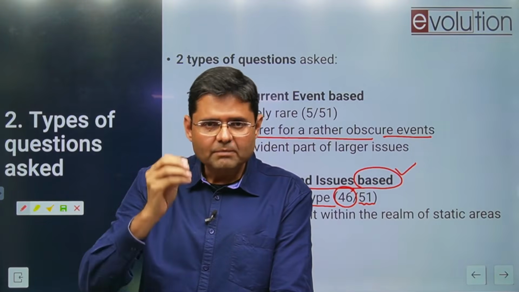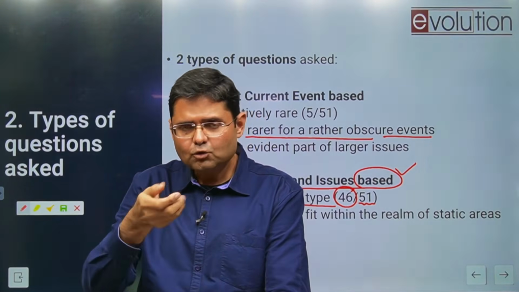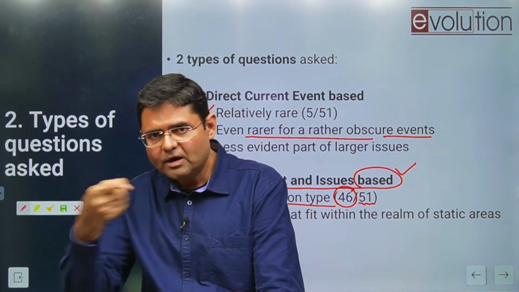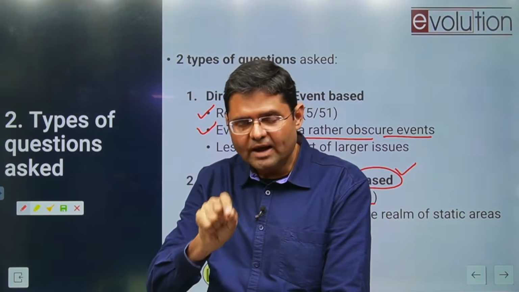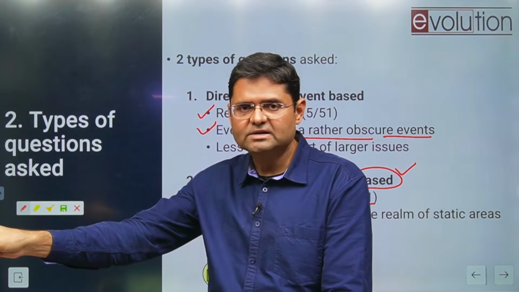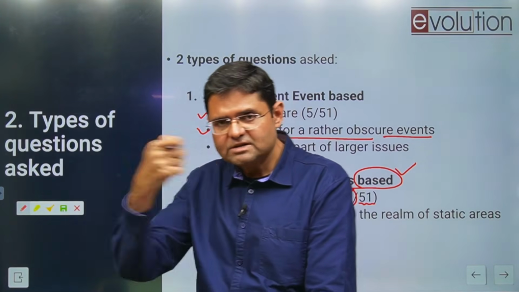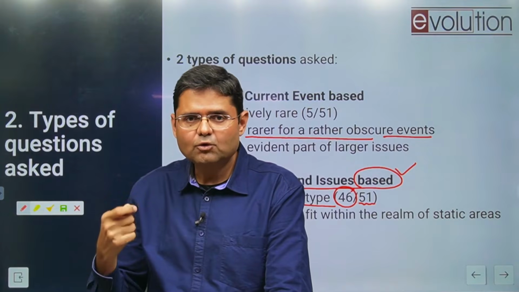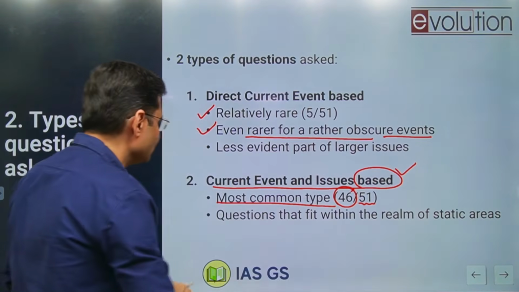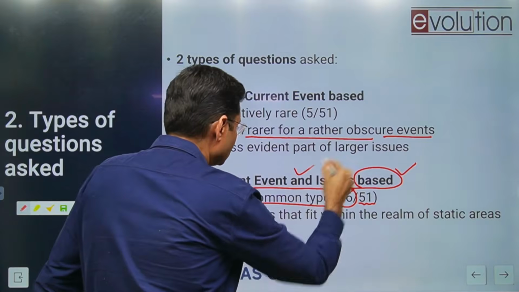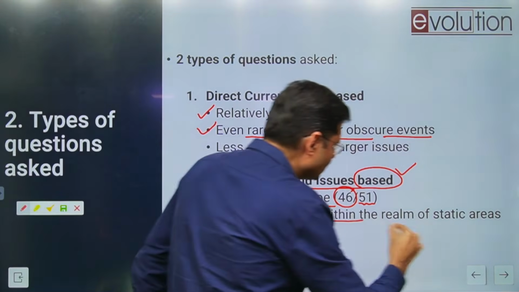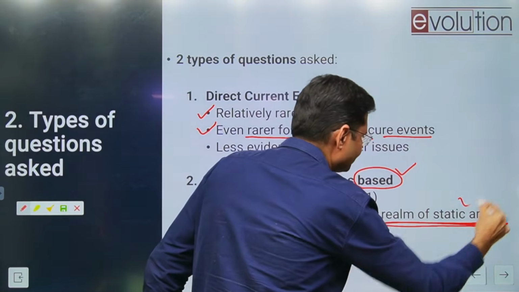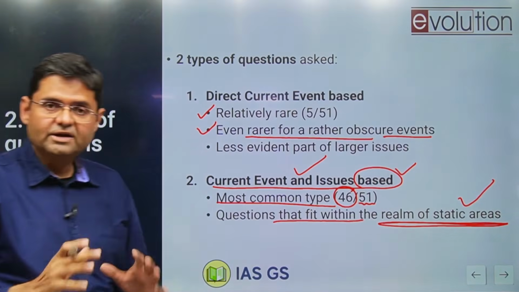If you want the maximum yield, then learn to establish backward linkage between what is happening and what is mentioned in your static syllabus. When you establish this backward linkage, you are going to handle the bulk of the questions on current affairs. So questions that fit within the realm of static areas, but are triggered by current events.